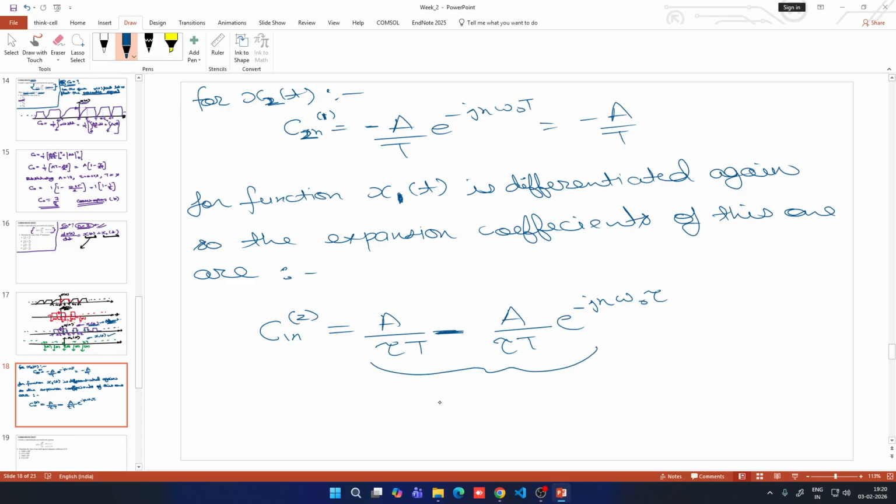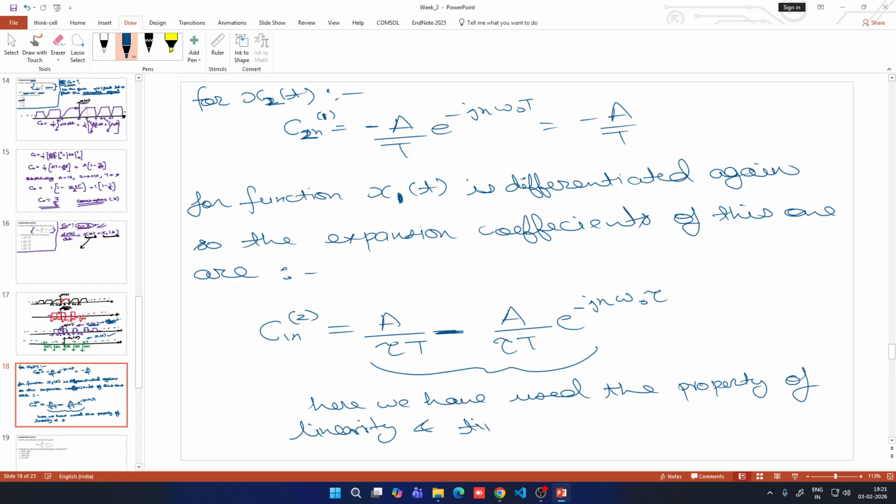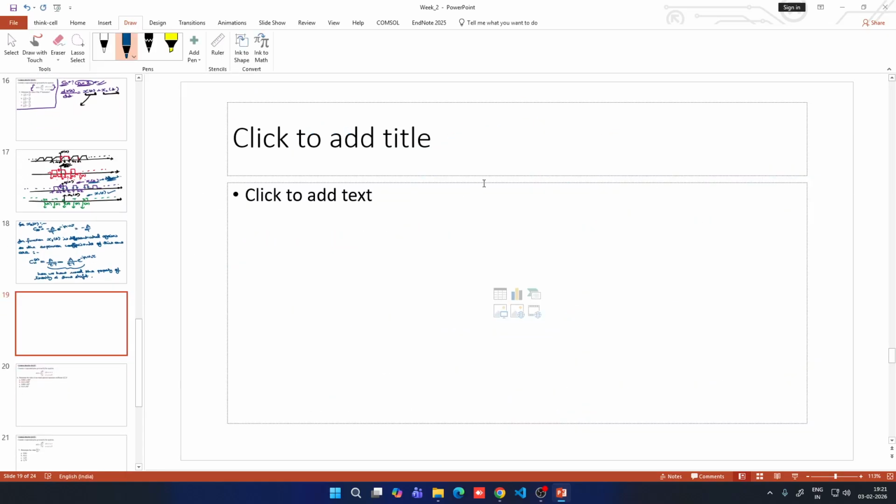So here we have used two properties: linearity, because that's why we have decomposed it here, and time shift. So now we have to write Cn, because now we have C1n and C2n already with us.